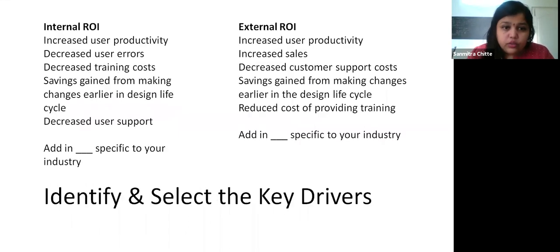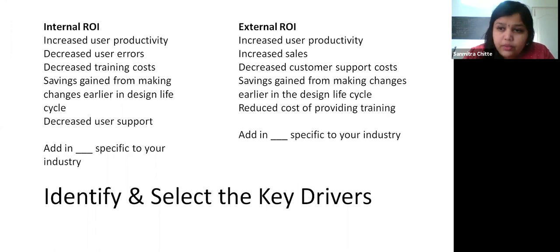So what you can do is just go ahead and select what could be the key drivers. I've just listed down a few for you to have a look at over here. There could be internal and external ones with regard to the direct and indirect again. So you could have increased user productivity, decreased user errors, decreased training costs, you could have gained some savings.